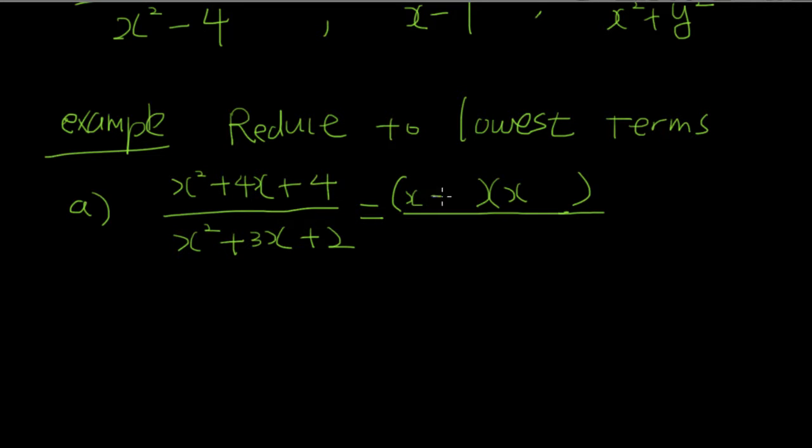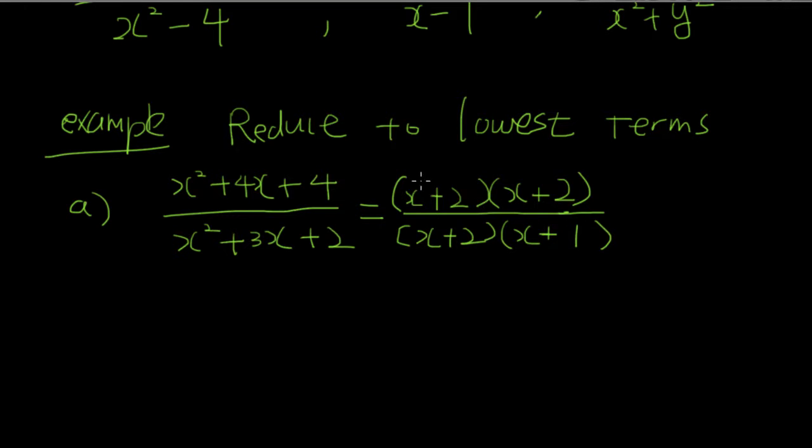That must be 2 and 2, so plus 2 and plus 2. Same thing for the bottom part: multiplied to be 2, added to be 3. That must be 2 and 1.